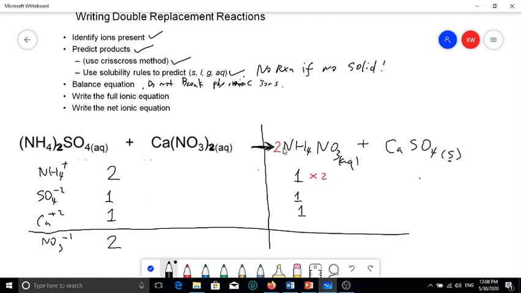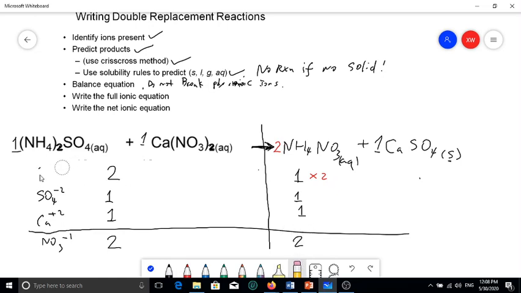Over here as well, 2. Even though you were trying to balance the ammonium, you'll constantly balance the nitrate as well. So this whole thing is balanced by only putting the coefficient 2 in front of one compound. Everything else will be just 1, okay? You don't have to write the 1, but it wouldn't hurt to remind yourself there's 1 here, okay?